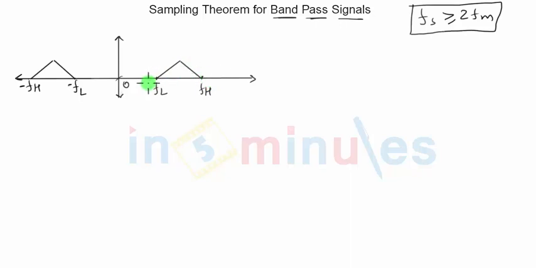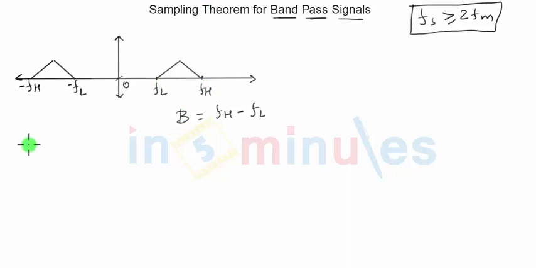So it consists of only those frequencies from Fc minus Fm to Fc plus Fm, and hence it is a bandpass signal. For such a bandpass signal, we define an important parameter called bandwidth. Bandwidth, written as B, is Fh minus Fl, where Fh is the maximum frequency and Fl is the minimum frequency present in the bandpass signal.